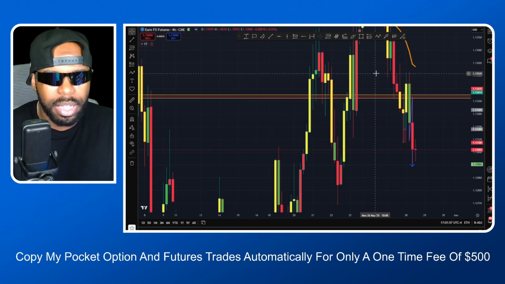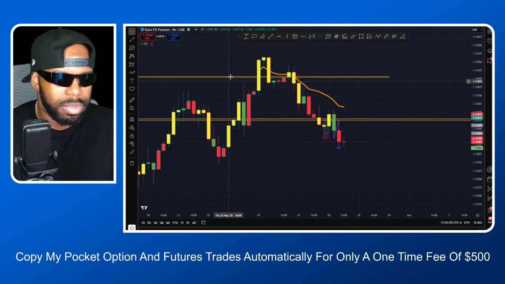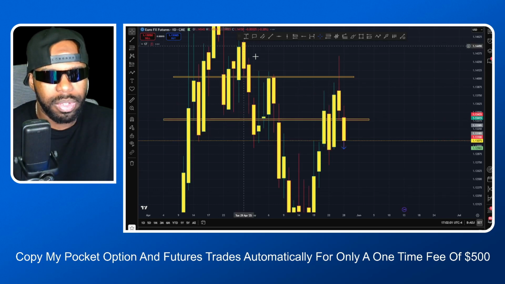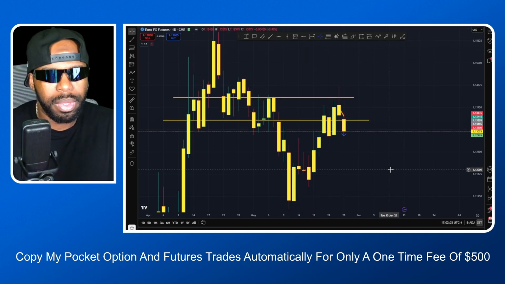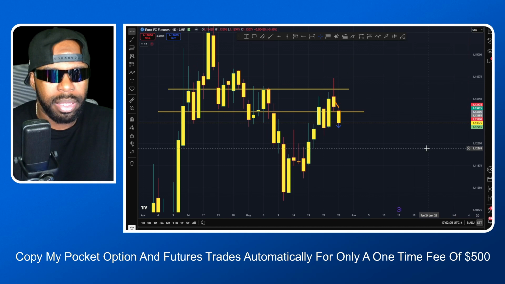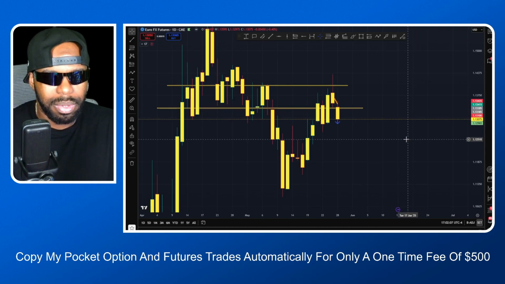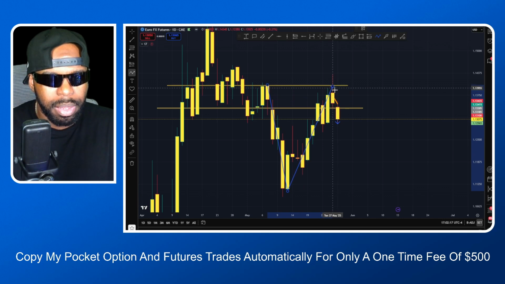Okay, so the 4 hour is telling me we're creating down movements. So we're creating lower highs and lower lows. If we go to the daily though, you'll also see that we're creating lower highs and lower lows. You see this right here? Look at this. We're creating lower lows. This is that potential lower high here.